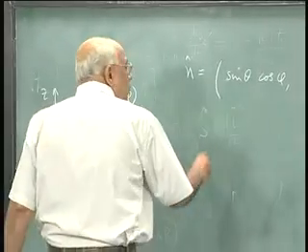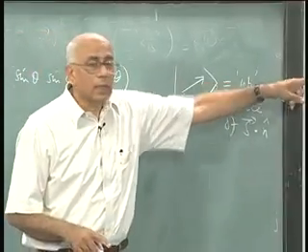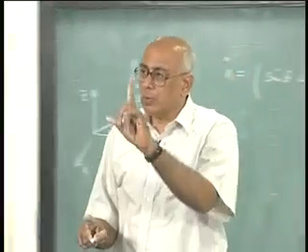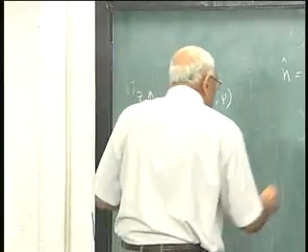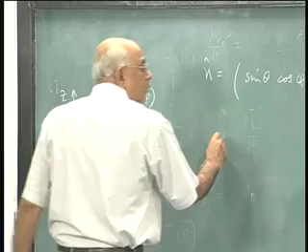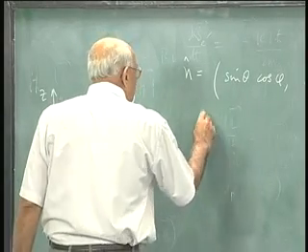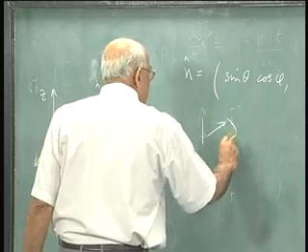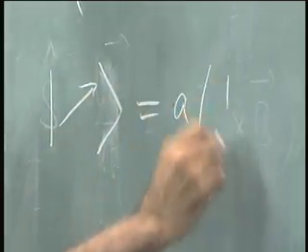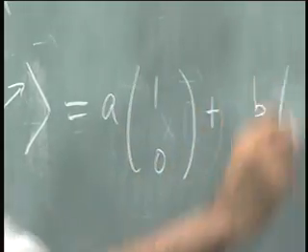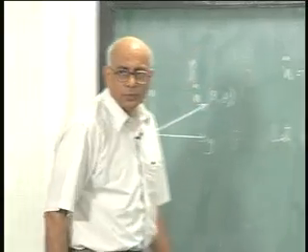So I expand this up state. Any arbitrary state can be expanded in eigenstates of Sz, which was my original axis of quantization. So let me simply write the up state here as some A times (1, 0) plus B times (0, 1). Let this be true.